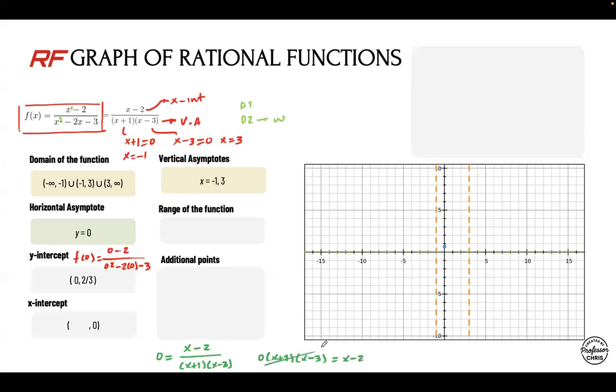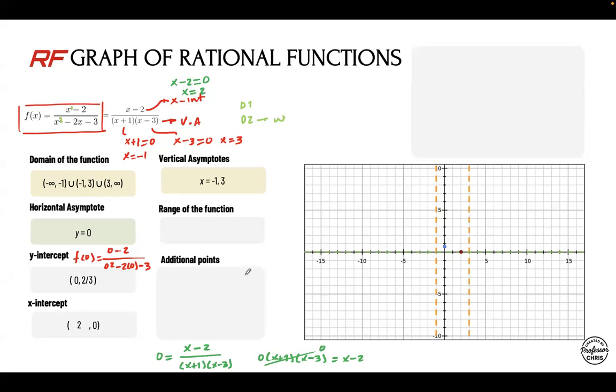So all of this ends up as 0. That's why the x-intercept is pretty much using the numerator. The x-intercept is based on the fact that x minus 2 is equal to 0, and when x is 2, the entire function ends up as 0. So you get a coordinate at 2, 0.